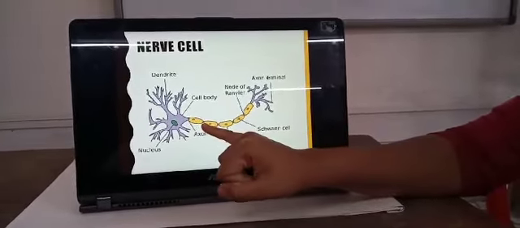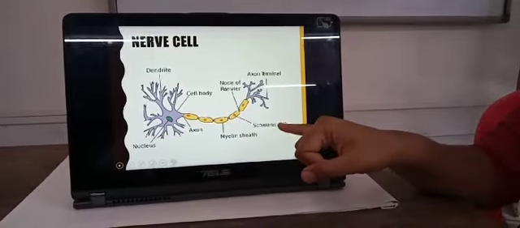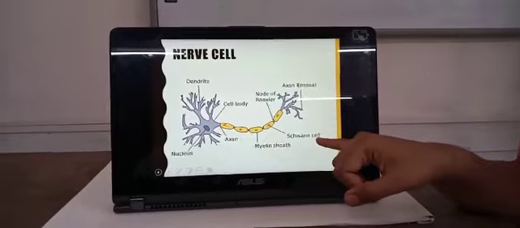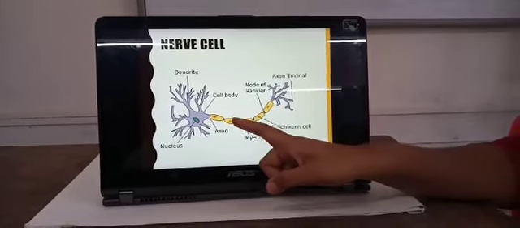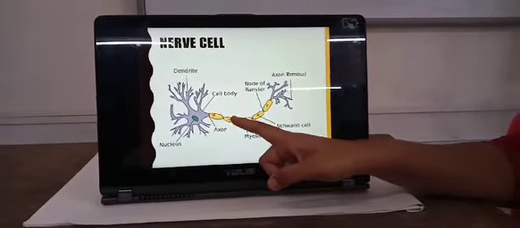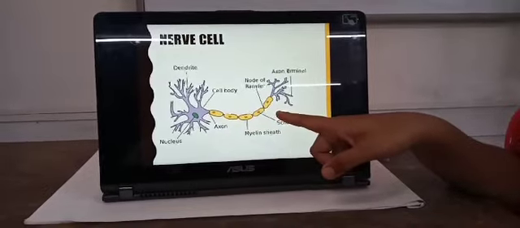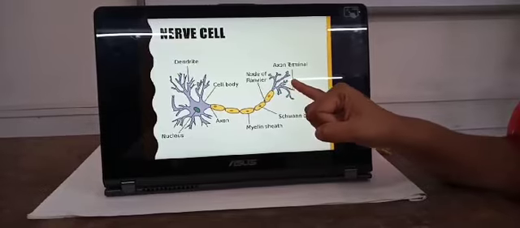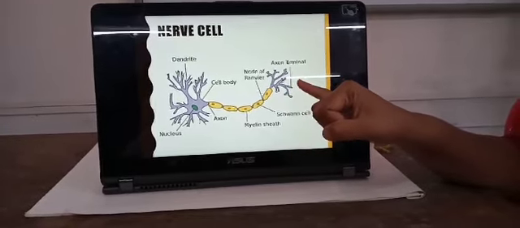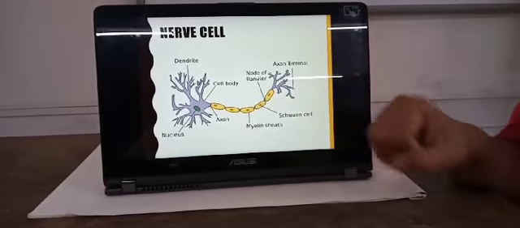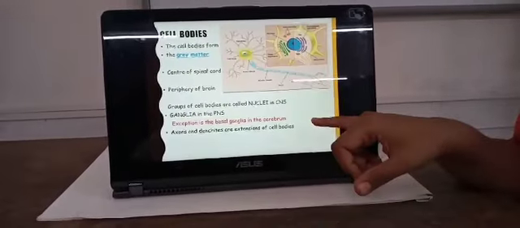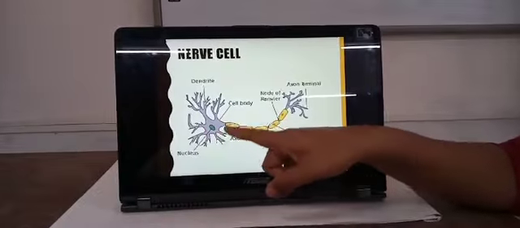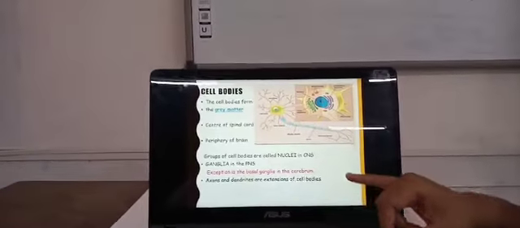It has got the myelin sheath, and in the middle of the myelin sheath you have something called the Schwann cell. The connection between one myelin sheath and the other is called the node of Ranvier. And at the tip of the nerve cell, you have something called the axon terminal.